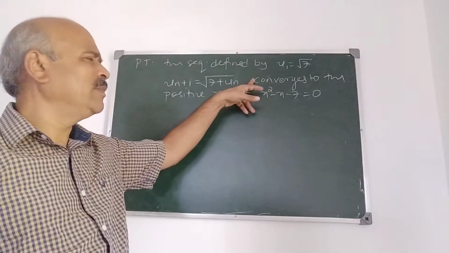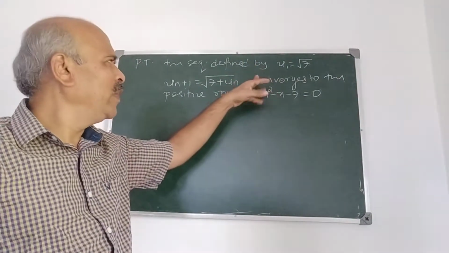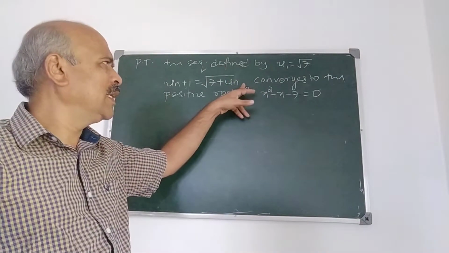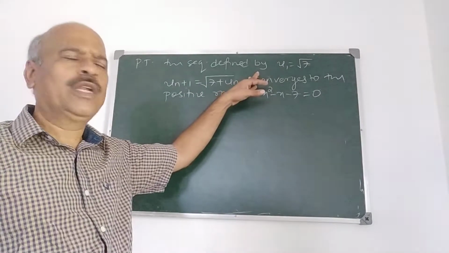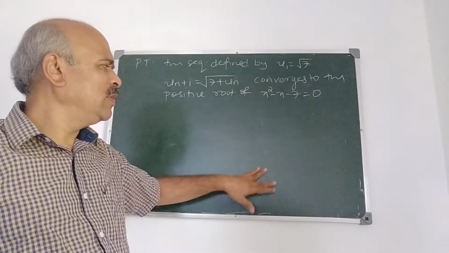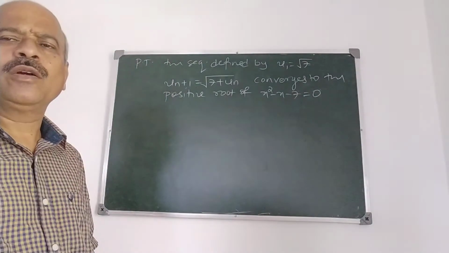The problem is exactly similar. First verify whether it is increasing or decreasing. I think it is monotonically increasing. Then prove that it is bounded above. Then as in the previous problem, use the same technique to find the limit of the sequence.